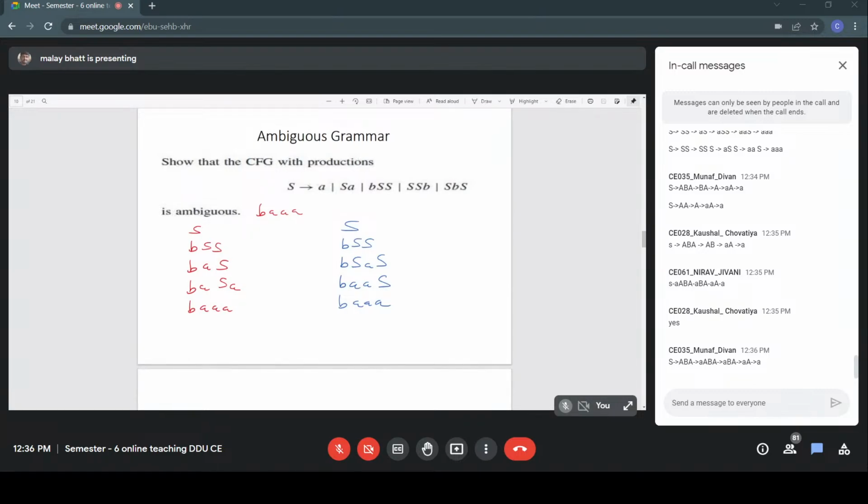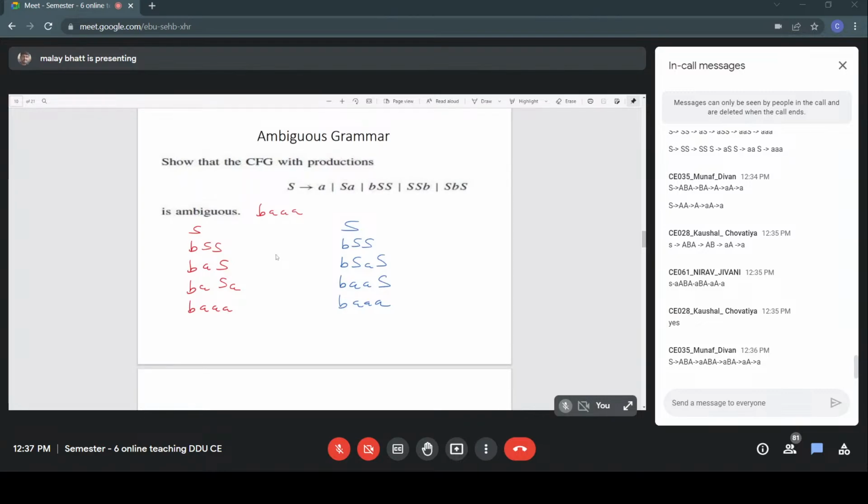So you can see we are always processing the leftmost non-terminal. All the symbols before the leftmost non-terminal must be terminal symbols. So BA, then AA, we are getting.